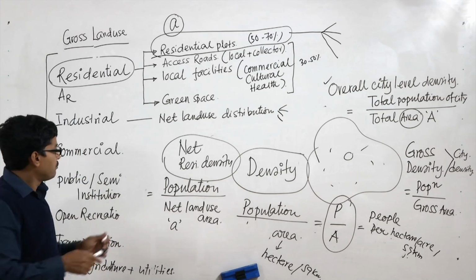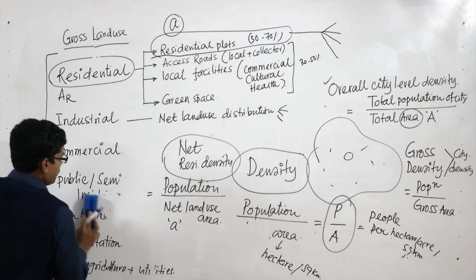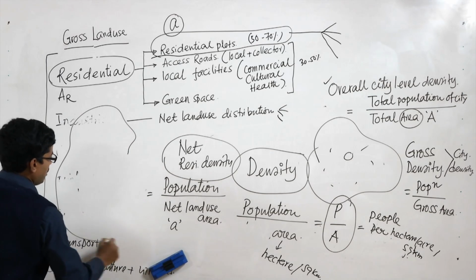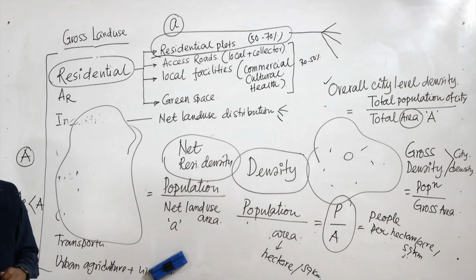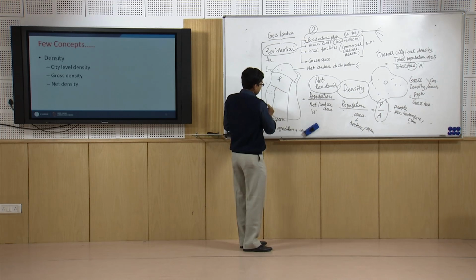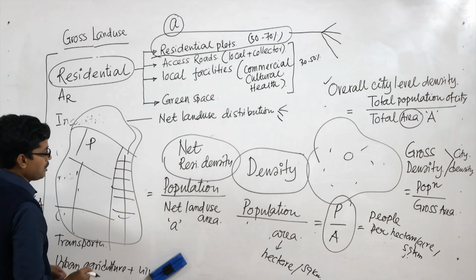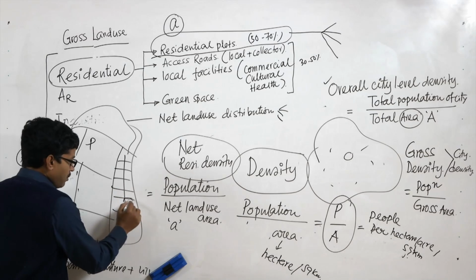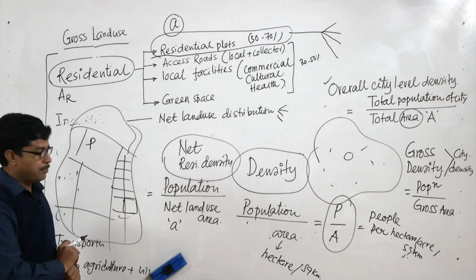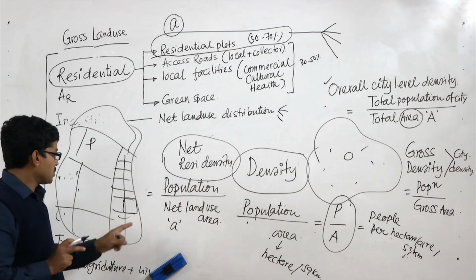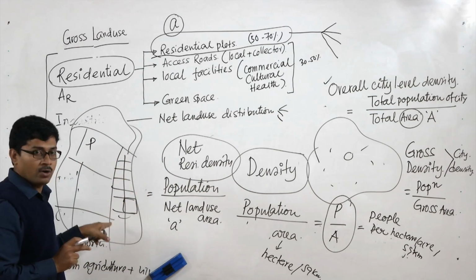Okay. So, I go to the same example which I drew a few minutes back. If this is a residential pocket shown in the master plan as residential, and we do the land subdivision and make a neighborhood or sector like this, and we make the residential plots, then net residential density is required to develop a particular plot of residential or housing development, and this density gives us the target that has to be achieved either in a plot or in a group of plots.